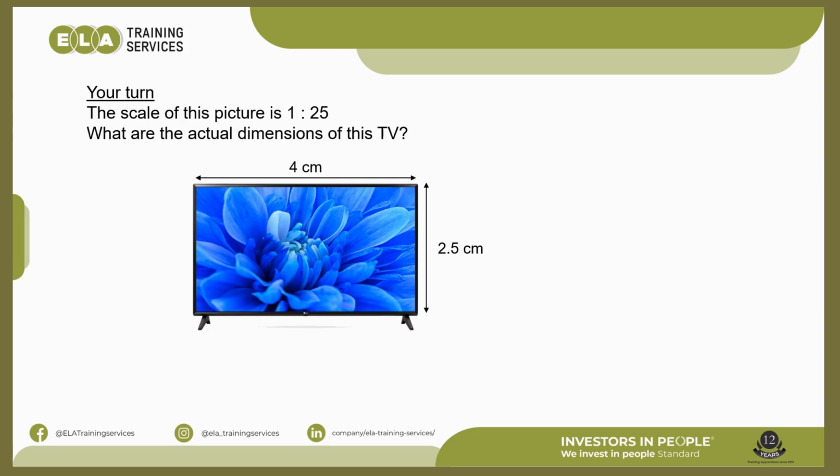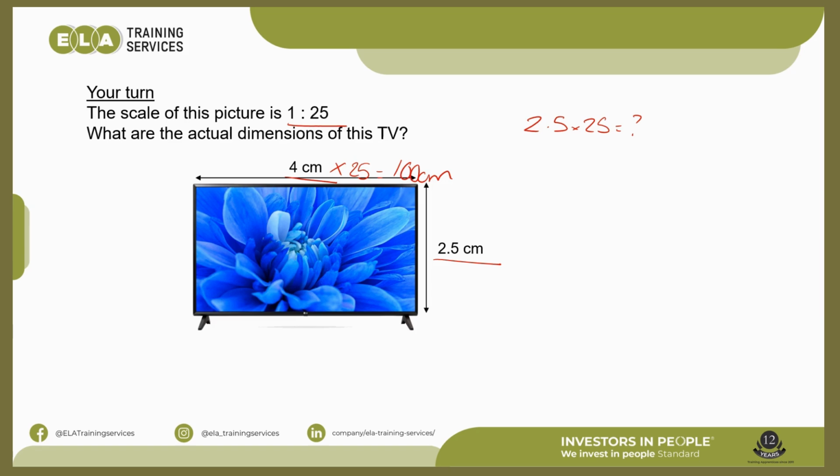Let's try this one. Now this time it's the same width, it's still 4 centimetres wide, so we can bypass because the scale is the same. So we remember from previously that that means 4 times 25 is 100 centimetres. So we can bypass that, that's quick. And the next thing we're going to do is 2.5 for the height. So 2.5 times 25 is what?